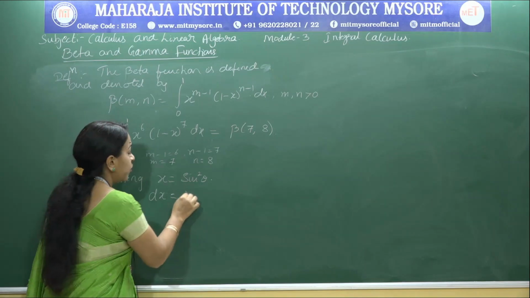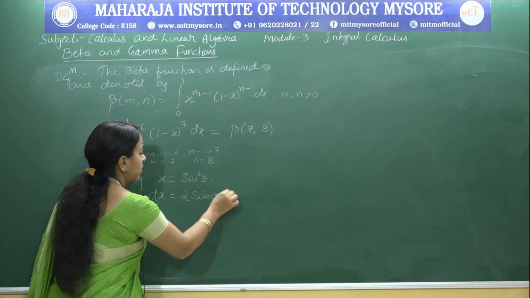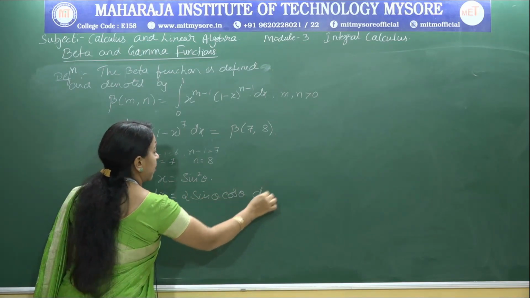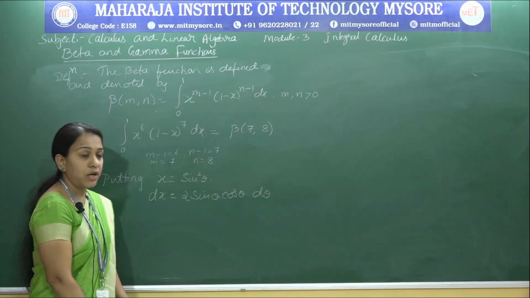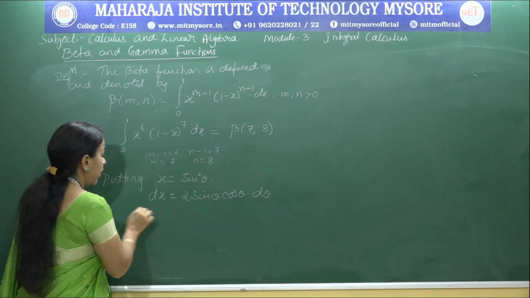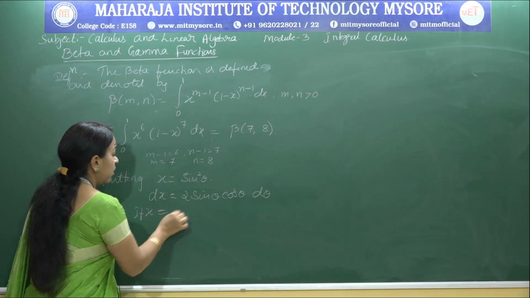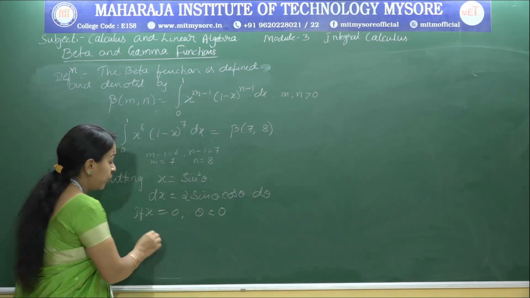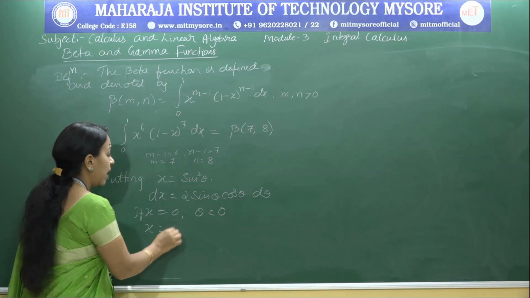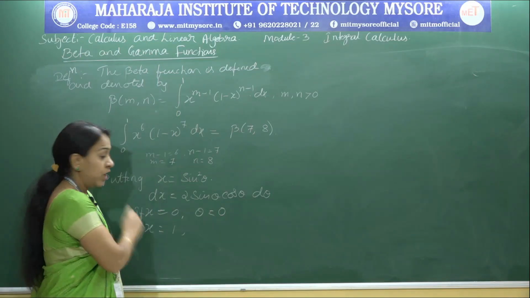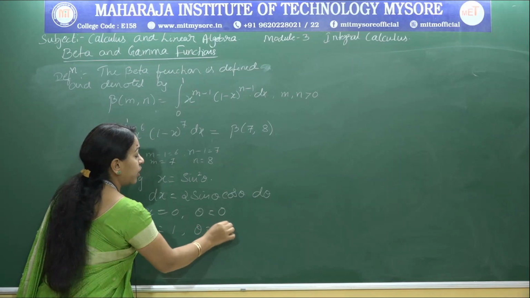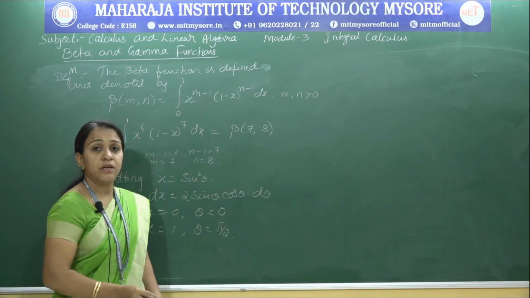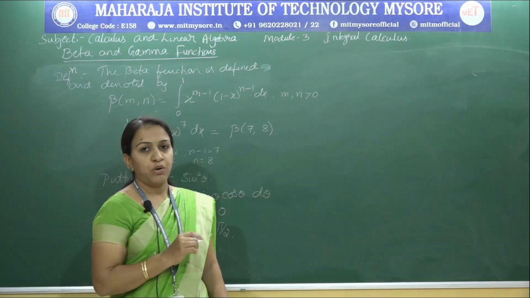That is, dx will be 2 times sine theta cos theta d theta, and of course we have to change the limits, right? So, if x is 0, then theta is equal to sine inverse of 0, that is 0. If x is equal to 1, the upper limit, then theta is sine inverse of 1. Yes, we know that sine inverse of 1 is pi by 2.